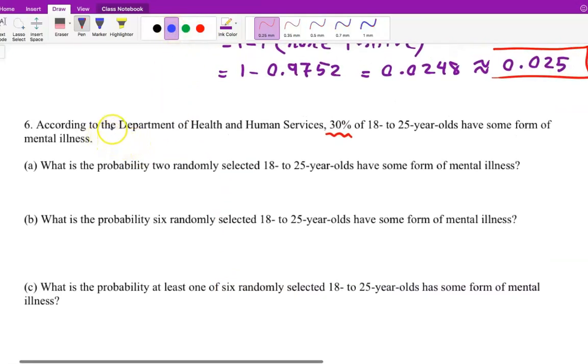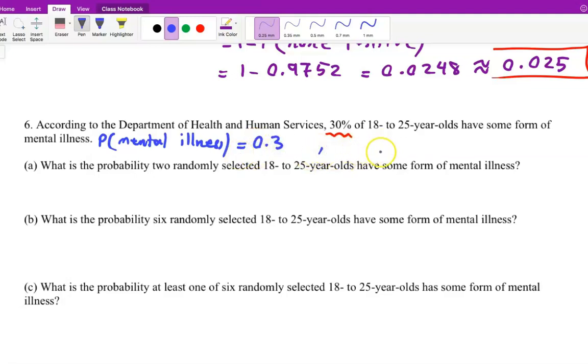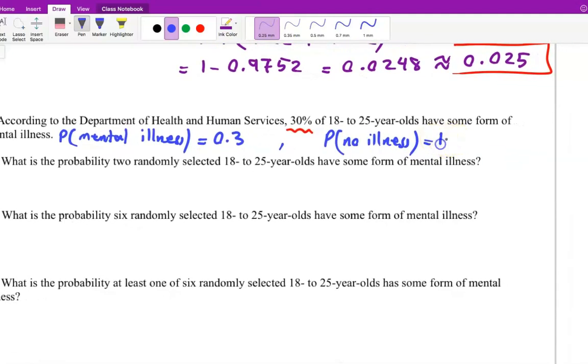What is given here is the probability of having some form of mental illness, that is 30%. Based on that, the probability of no illness is equal to 1 minus the probability of mental illness, which is 30%, so that is equal to 70%.